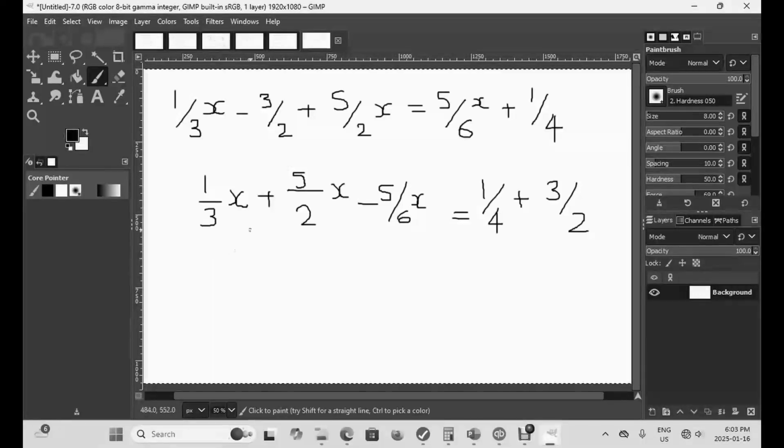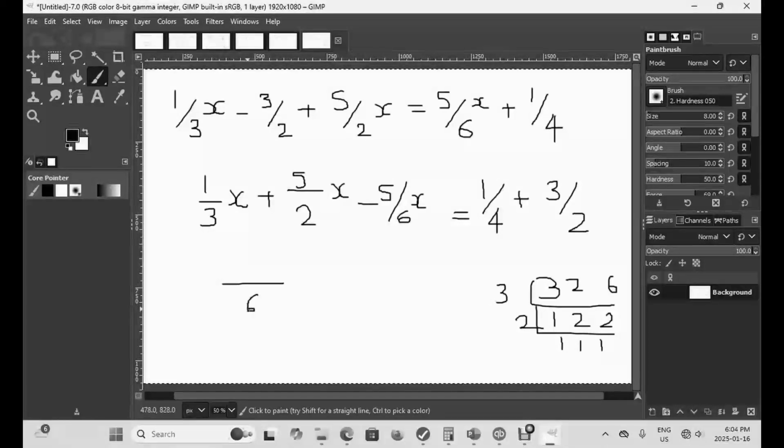In order for you to solve all these fractions, you will need to find your denominator.